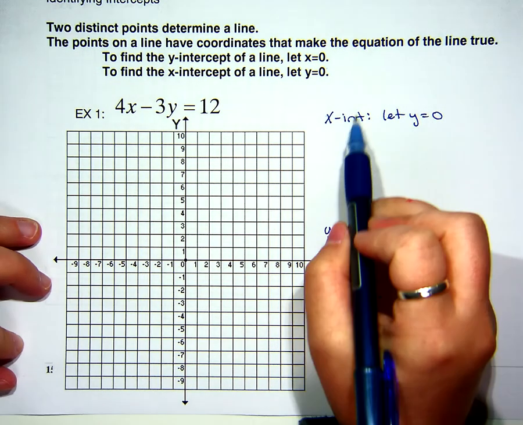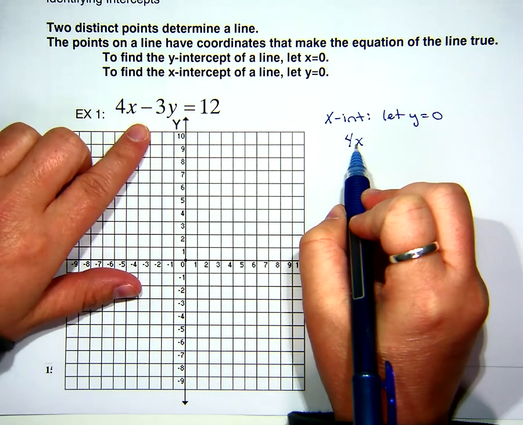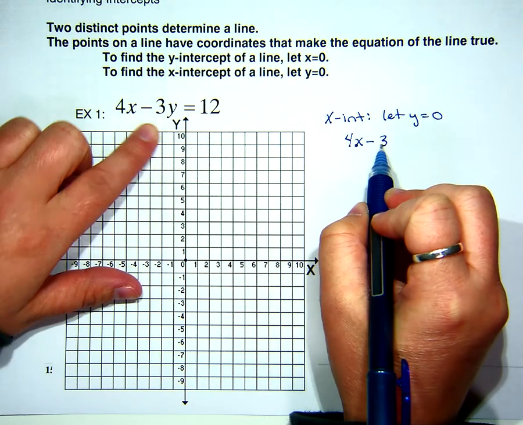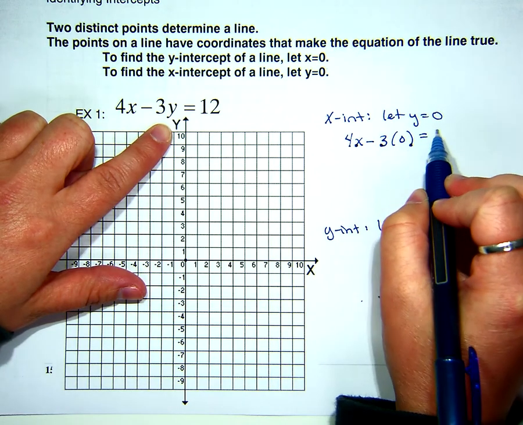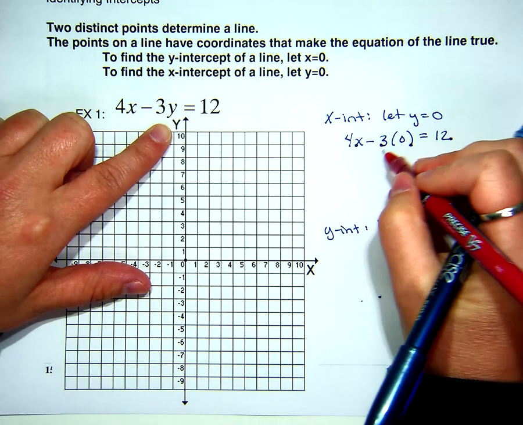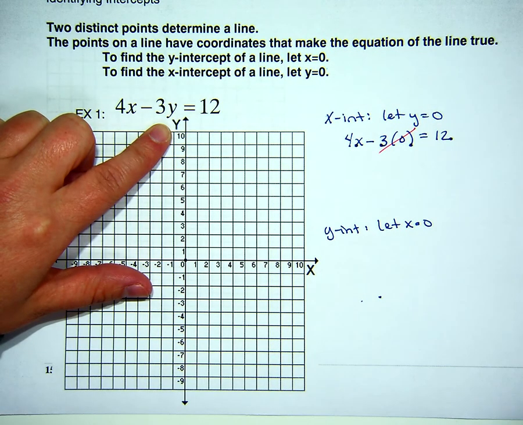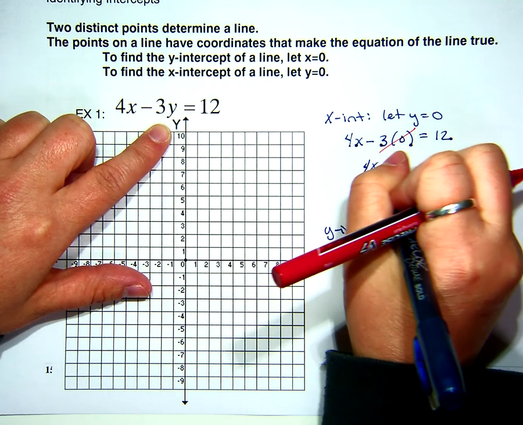So for my x-intercept, I'm going to let y be 0. So I have 4x minus 3, not times y, but times 0 equals 12. This 3 times 0 goes away. So I have 4x equals 12.